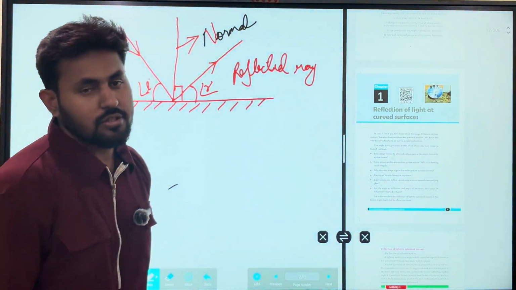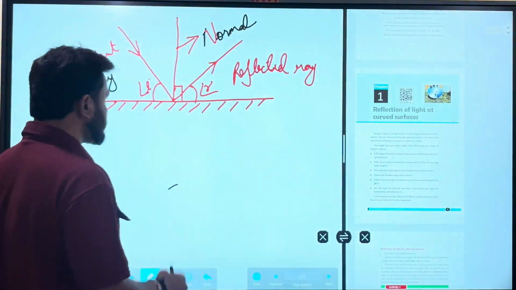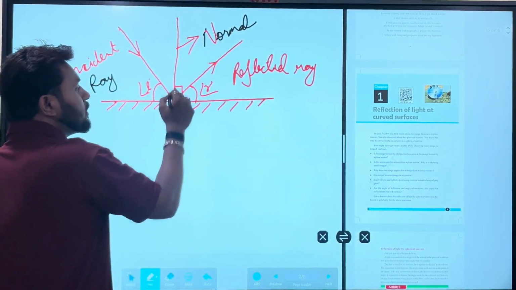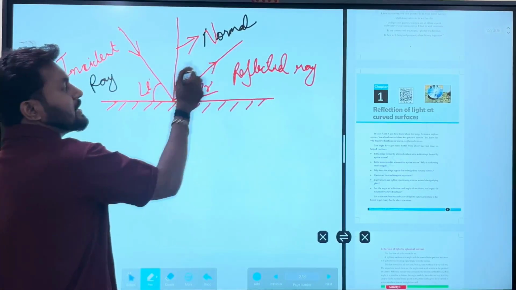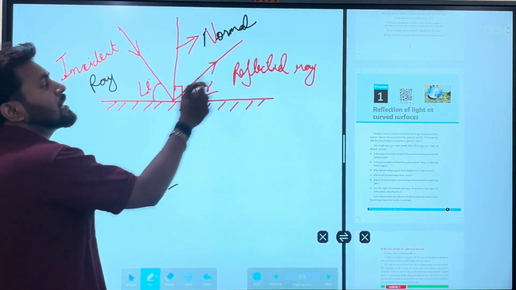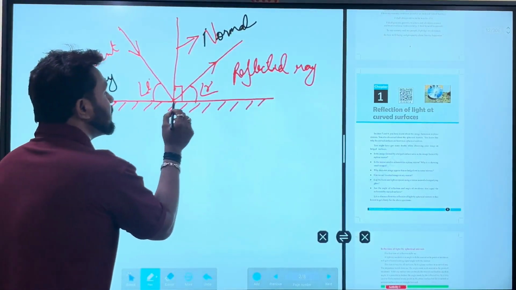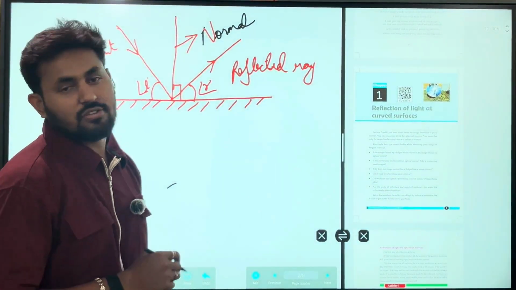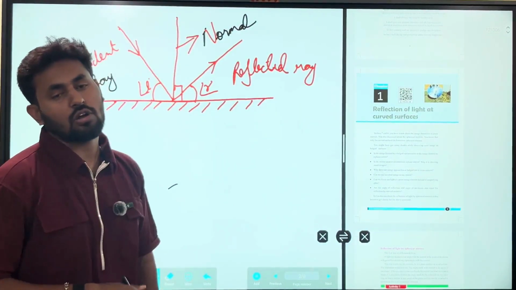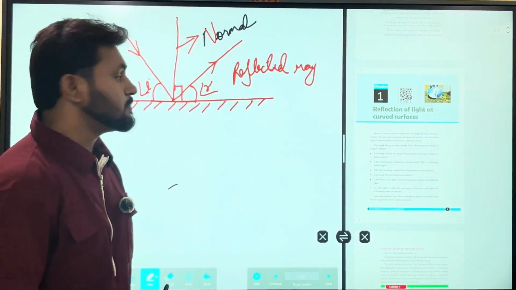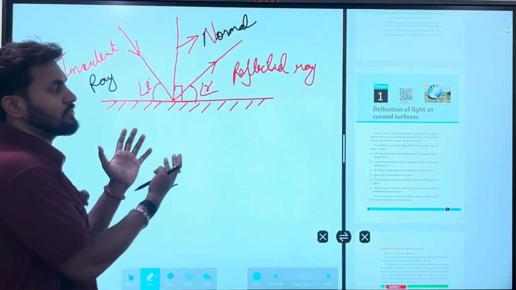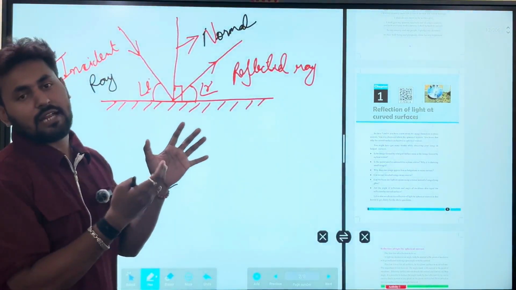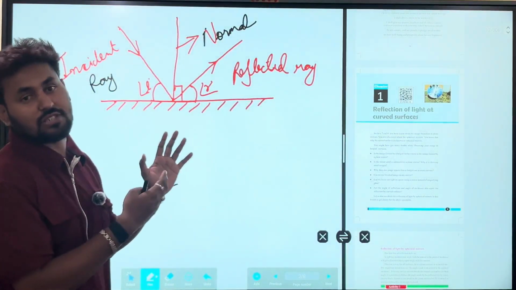The second law is that the incident ray, the reflected ray and the normal, all three lines, lie on the same plane. These are the two laws, and I hope you have memorized what was taught in 8th grade and 9th grade. These are the laws of reflection.